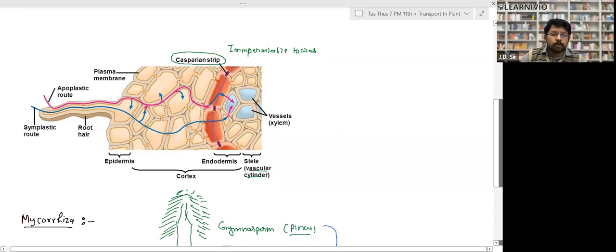When water moves in the space between the cell walls, that is called apoplastic pathway, right? And whenever the water moves inside the protoplasm or with the help of protoplasm and plasmodesmata, this pathway is called symplastic pathway. Clear?